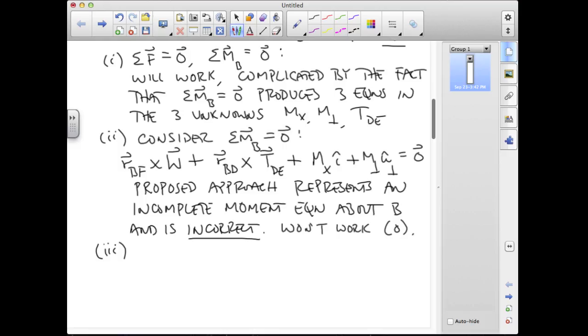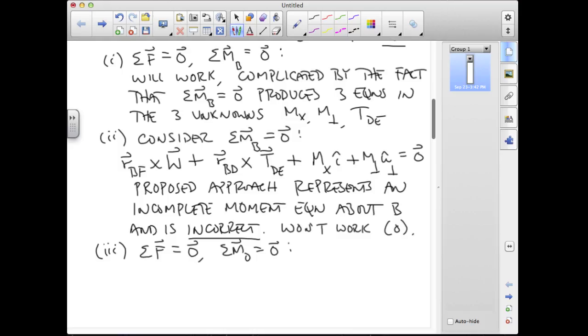The third approach suggests the sum of the forces equals 0 and the sum of the moments about the origin equals 0. Now again, we can choose to take moments about any place we like, and certainly this approach will work. The question is, how complicated is it?